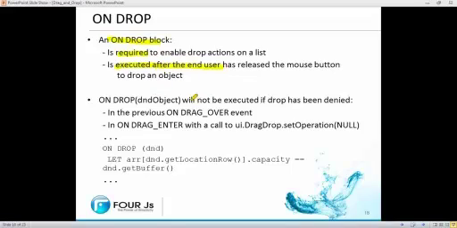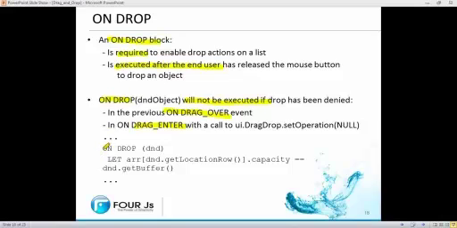It also doesn't get triggered if you have used the method we saw a few minutes ago, the SetOperation method, to disable or deny the drop. Right? If we've used that and set it to null, that will cause the OnDrop to not be executed or triggered. So if you've denied the drop in OnDragOver or OnDragEnter, that will cause the OnDrop to just be ignored, we'll say.